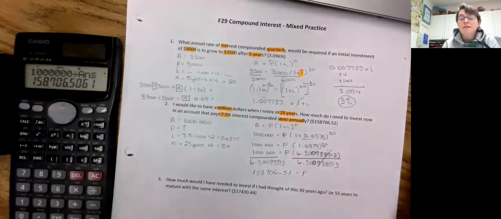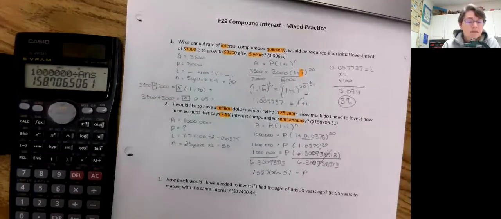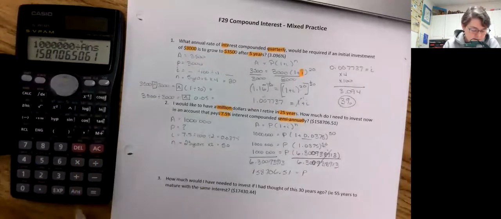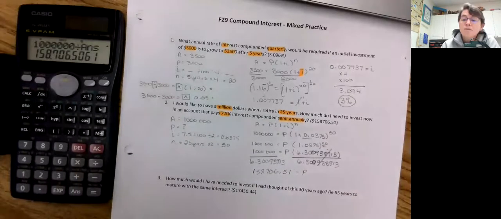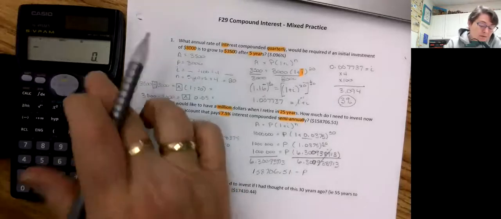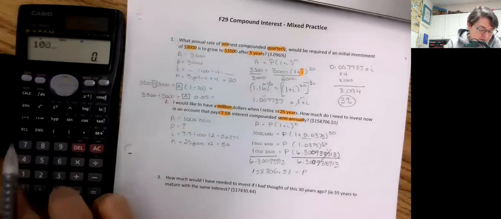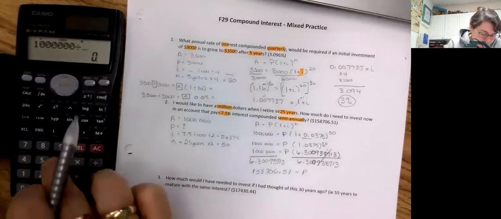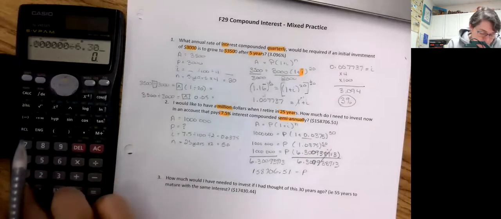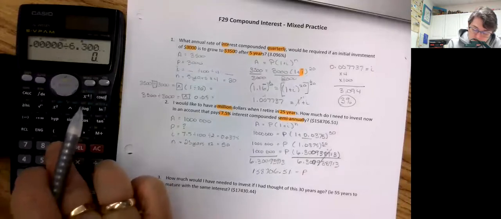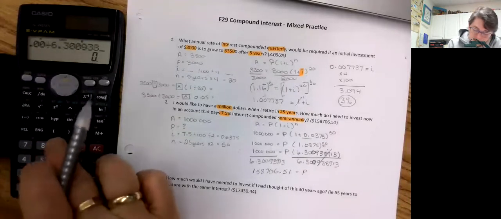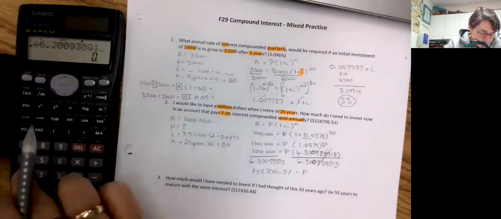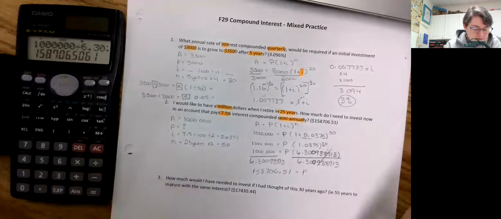So if you have an answer key on your calculator, that will bring back the last answer you used. Pretty cool. I want to do it completely right. 1,000,000 divided by 6.300938913, and there we go.